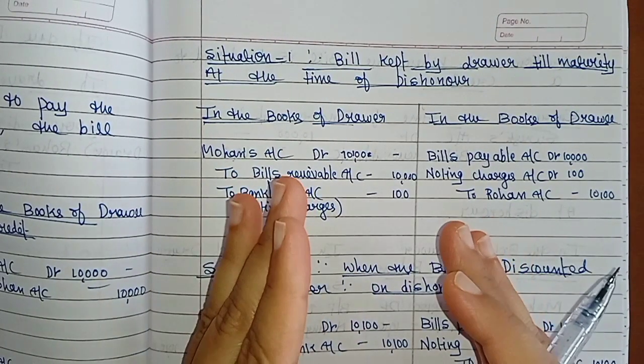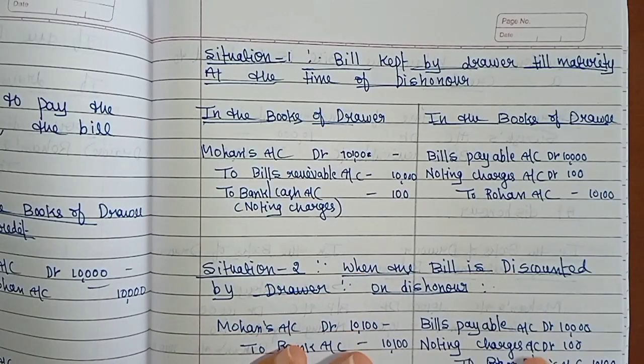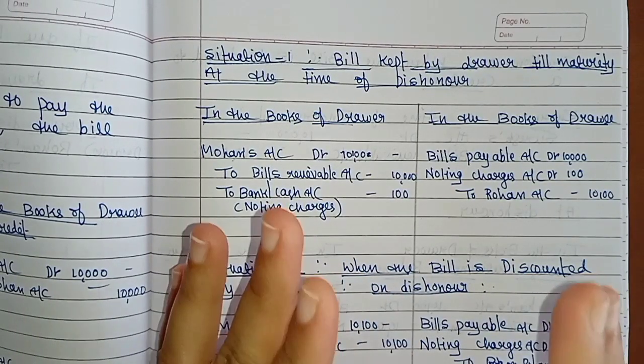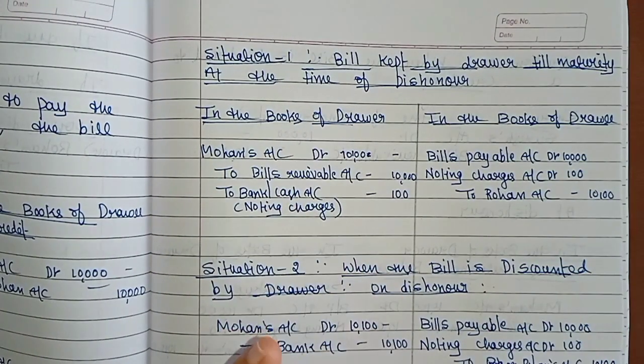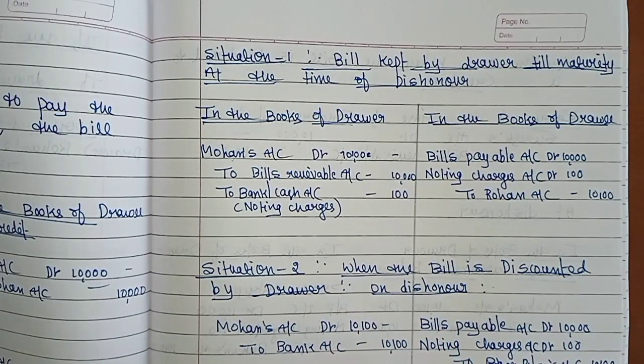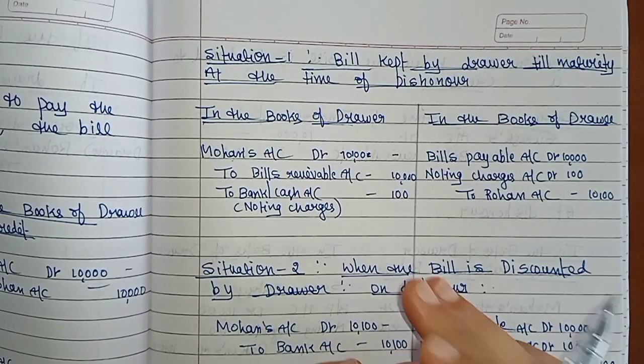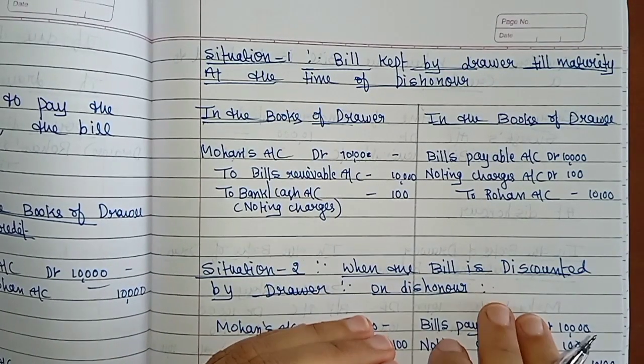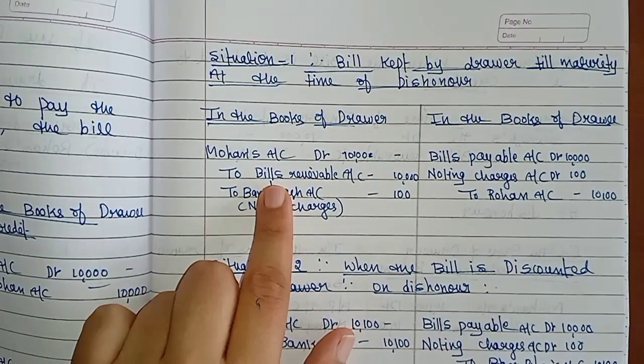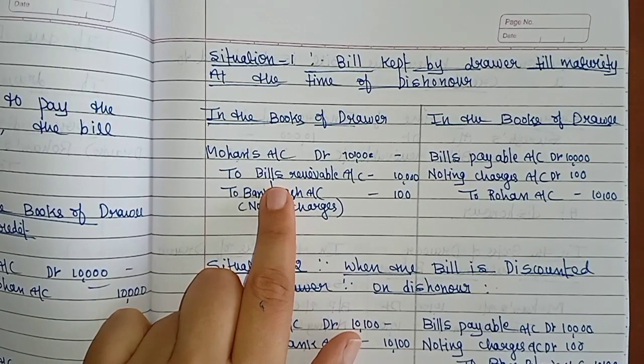So listen very carefully. This dishonor of a bill is very easy. The drawer cancels the bills receivable because the bill is not going to be paid. It means the drawer cancels the bills receivable, so we need to credit the bills receivable account, right?